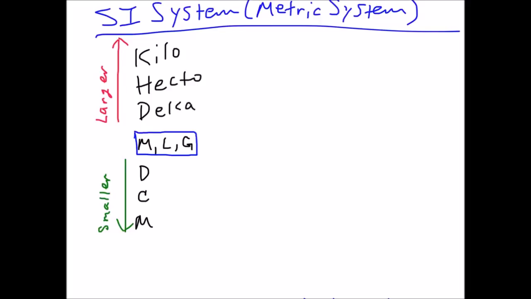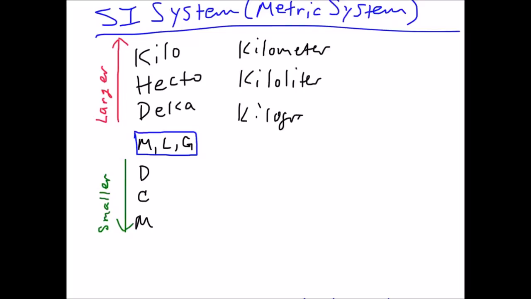Now these are all prefixes that you add to your base unit. So you can have a kilometer, or a kiloliter, or a kilogram. You can have any variation of these base units by just adding on your prefix.